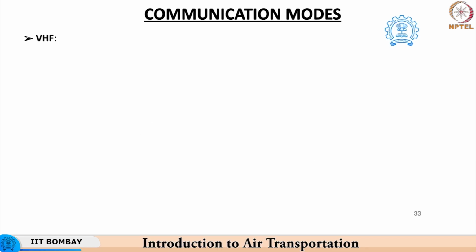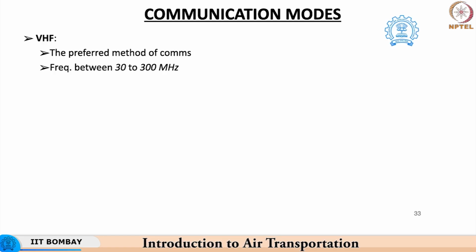Now we need to understand the three different modes of communication. First, as I mentioned, is the VHF communication mode, that is the very high frequency mode. This is the most preferred method of communication. Most of the communications with respect to CNS operations occur using this type of communication.